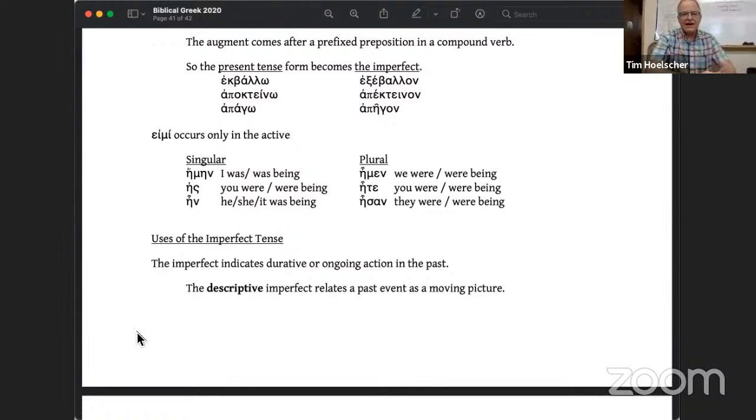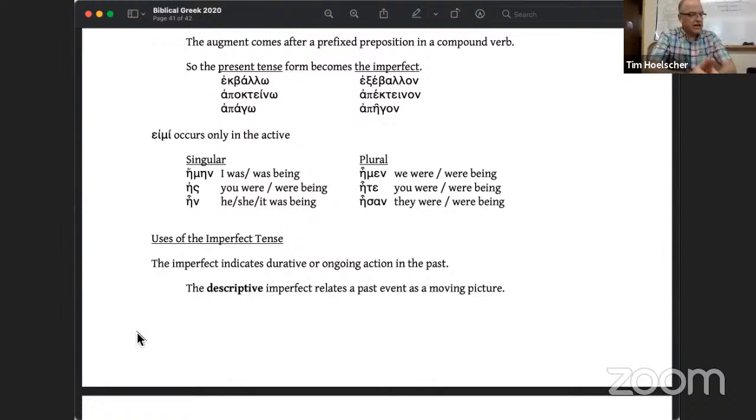We don't have that in this case, but it would become that if you add the epsilon between there. Then you'd have apoectino. Right. Drop out the omicron. Yeah. So that's why I think it's following more of that rule of the contraction versus changing the omicron to an epsilon on the second word, for example.